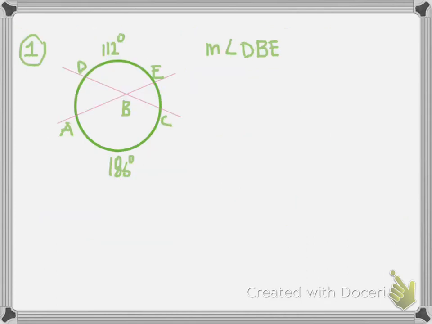Alright, so let's do an example here. If I want to find the measure of angle DBE, that is this angle right here. So I'm going to take 1/2 of the sum of the measure of the arc DE plus the measure of the arc AC.